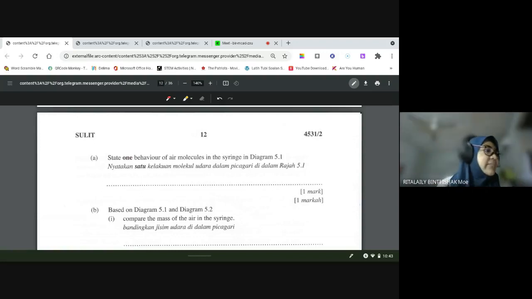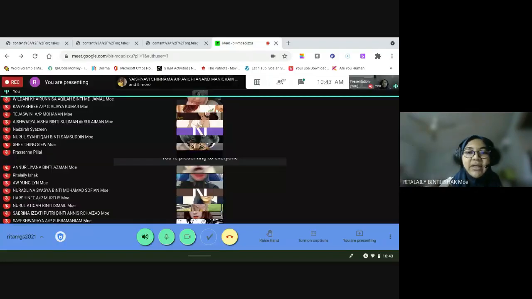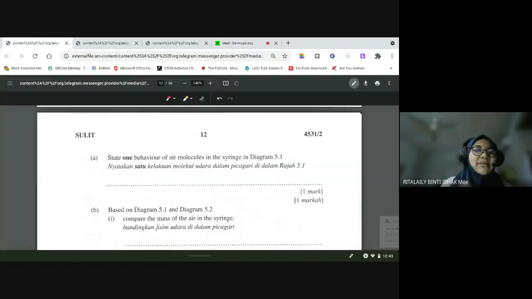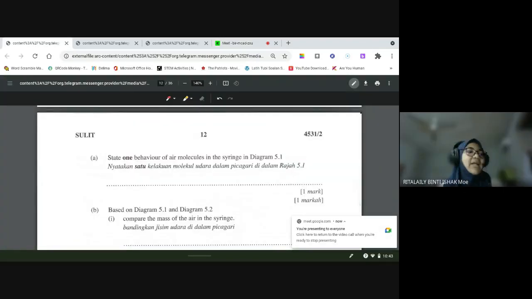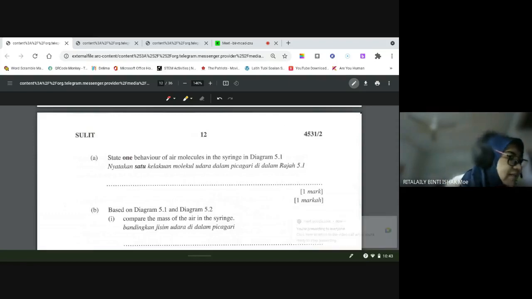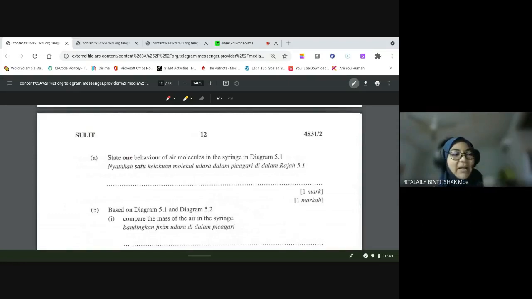Masih ada lagi ke? Sebab tak ada respon, senyap je. Collide with each other. Okay. So, collide with each other fast. Fast saja tak dapat markah. Kalau tulis fast saja, tak ada markah tau. Tapi kalau collide with each other, okay. Apa lagi?